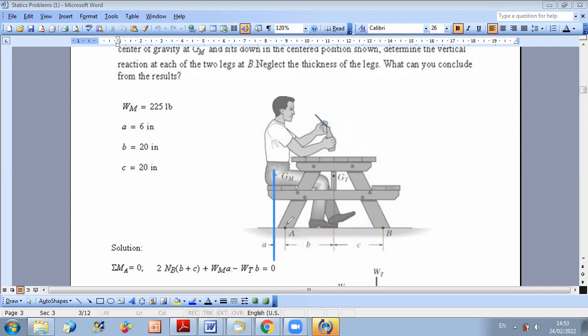Its distance from A is equal to this length here, which is A. And because it's rotating in the counterclockwise direction, which is my positive convention, my total equation will be 2NB times B plus C, plus weight of man times A, minus weight of table times B, equals 0.